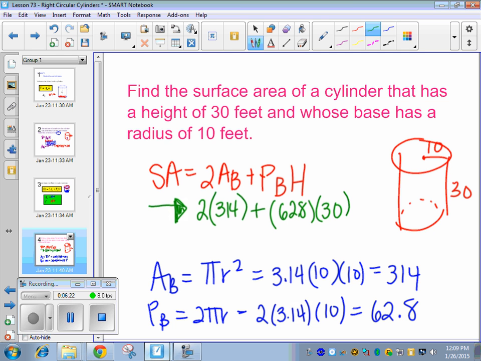All right, and Josh B, what should I do next? Just multiply 2 and 314. Good, so we get 628. Okay, and Aaron, what should I do next? Yep. So 62.8 times 30. This 0 is like multiplying by 10. I don't know if you guys know this sort of trick, but that moves the decimal over one spot. So to make it a little bit easier, you could actually multiply 628 times 3.